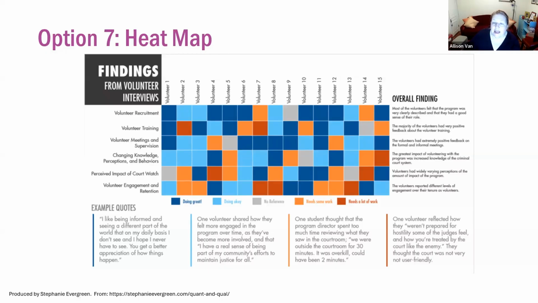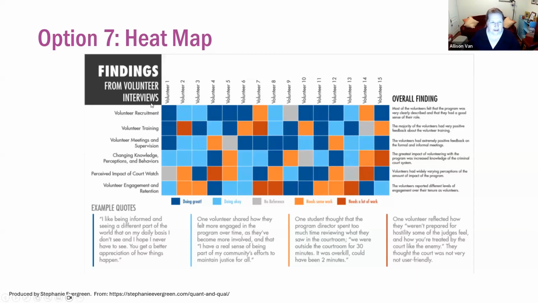And then you can have ones that represent continuous variables, where they're sort of variable shades going across. So this was one of actually the first things I saw by Stephanie Evergreen. And I was so impressed because it was interviews with, as you can see, 15 volunteers.